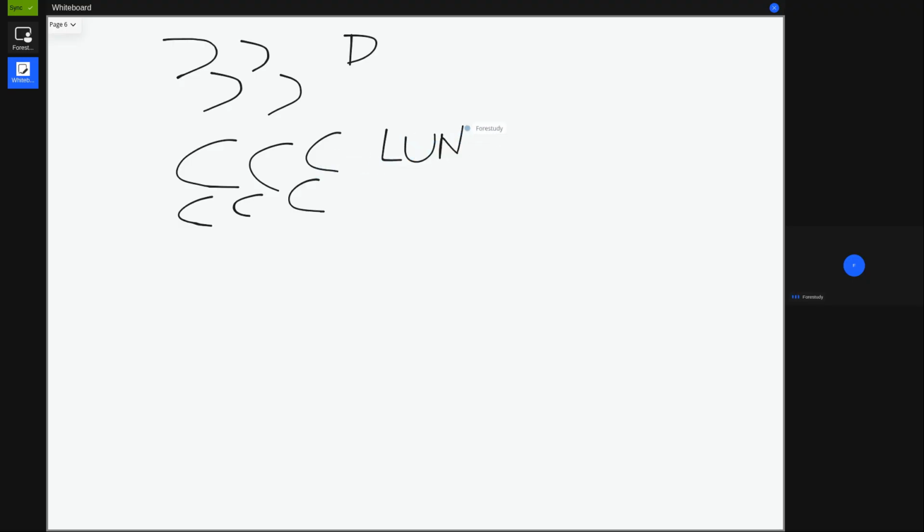Linguoid, D for linguoid. The current direction for both will be from left to right, and only then will it form like this.